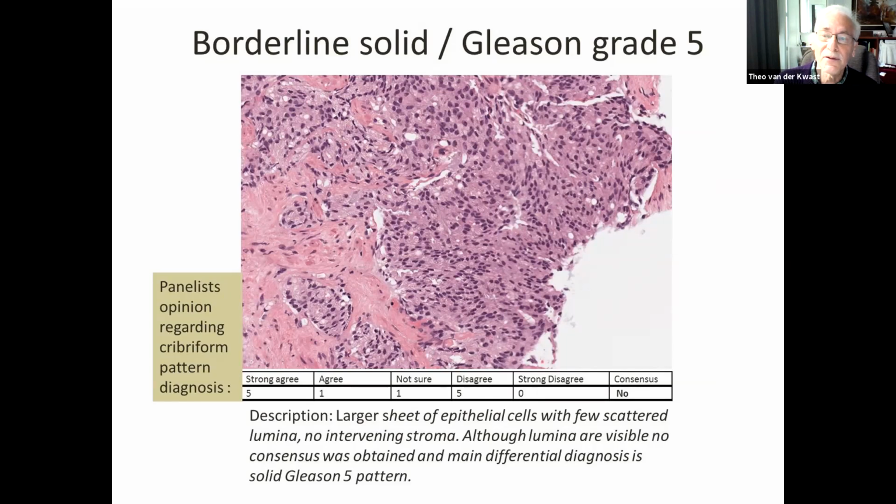I think the number of lumina is insufficient and this is not a clear-cut situation. On the other hand, we could also say that the distinction between solid and cribriform in this situation might not matter too much. This is a bit controversial, maybe, what I'm saying, but the prognostic impact of both is pretty unfavorable for the patient.